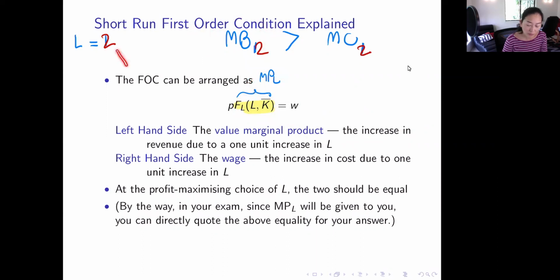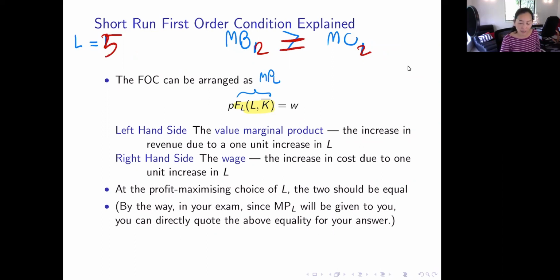So as you keep adding more and more L, you would think about, okay, how many L's would I want to employ in order to maximize my profit? I compare between the marginal benefit and marginal cost of each unit of labor. I will keep hiring, keep going as long as marginal benefit is greater than marginal cost. And once they are equal, I stop.